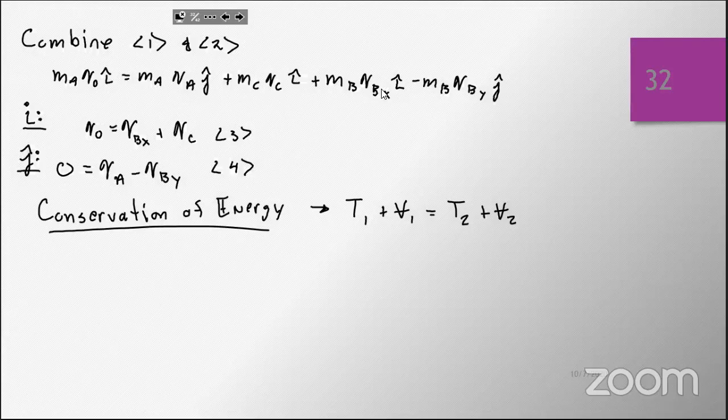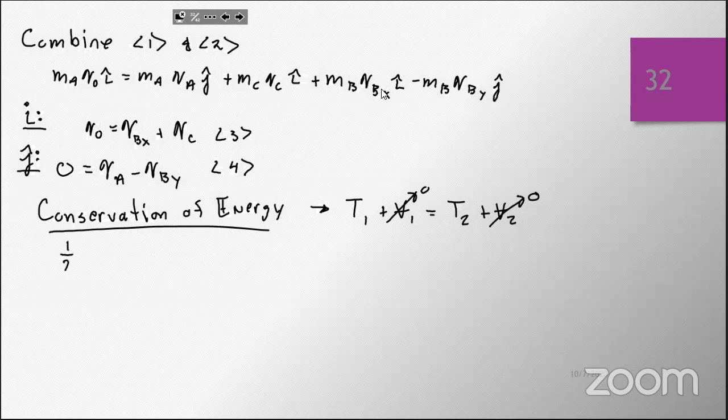This should be a level pool table, so it should be level in the gravitational field. It's at the same height. Potential energy is all about height differences or springs. There's no springs and there's no height difference, so we have no potential energy. So the kinetic energy to begin with has to equal the kinetic energy of all the particles at the end.